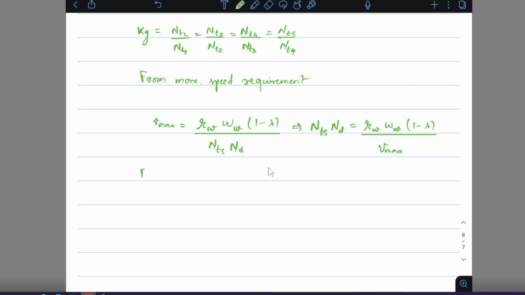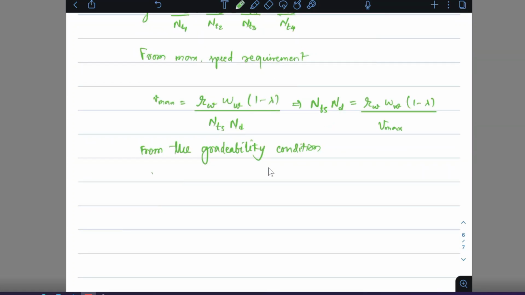Now we take another condition, the gradability condition. Or gradability requirement, we can write for the first gear, and this will give us NT1 into ND.